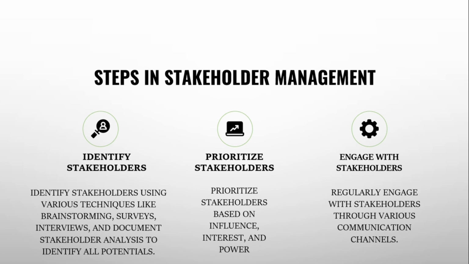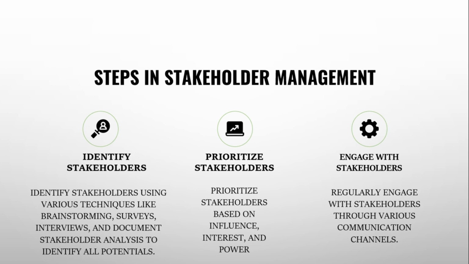So if you identify stakeholders by virtue of their interest and influence in the project, and then you prioritize them by virtue of their interest and power in the project, the next would be to engage with the stakeholders on the basis of their power and interest.